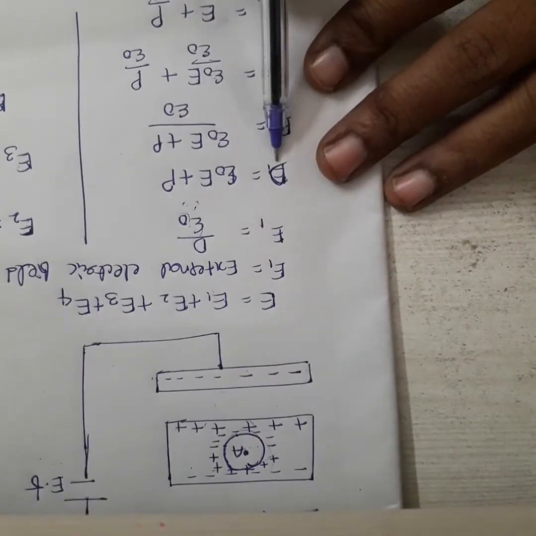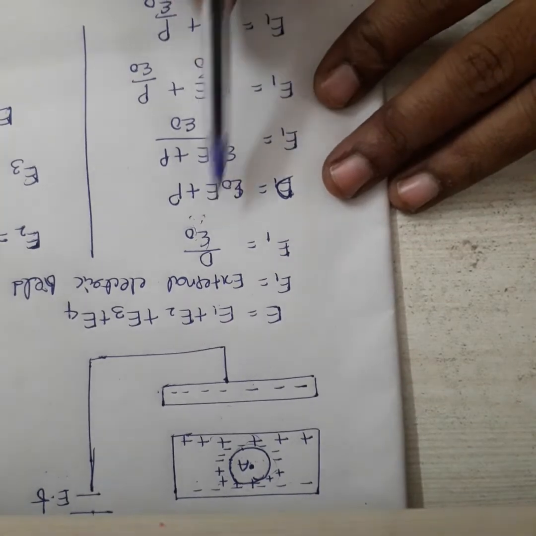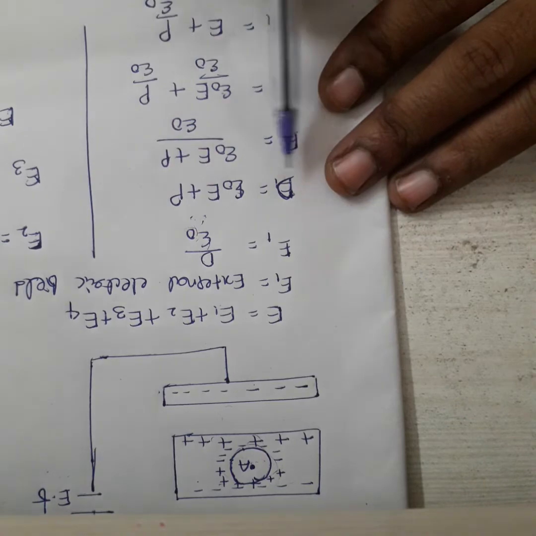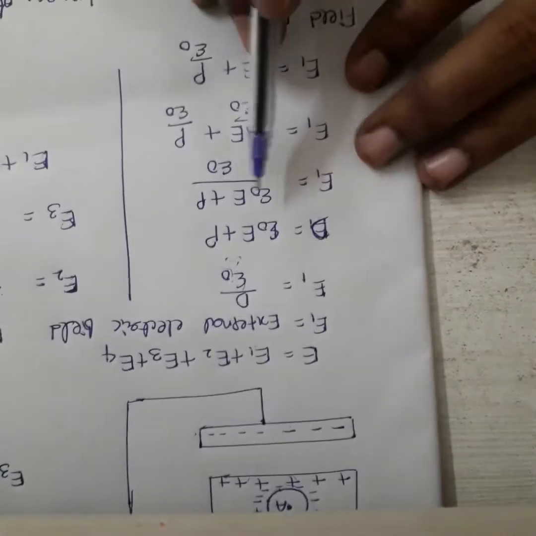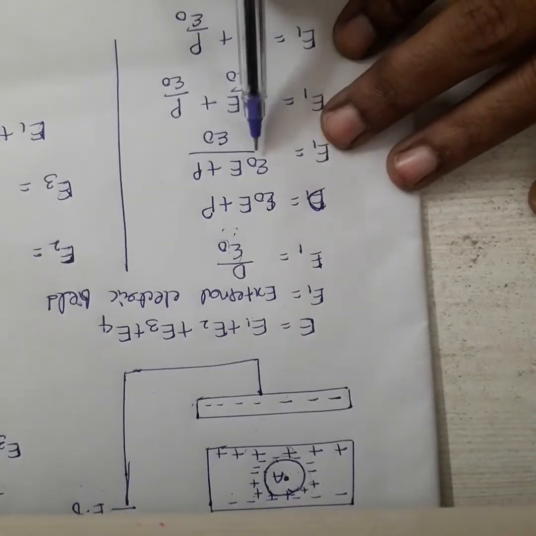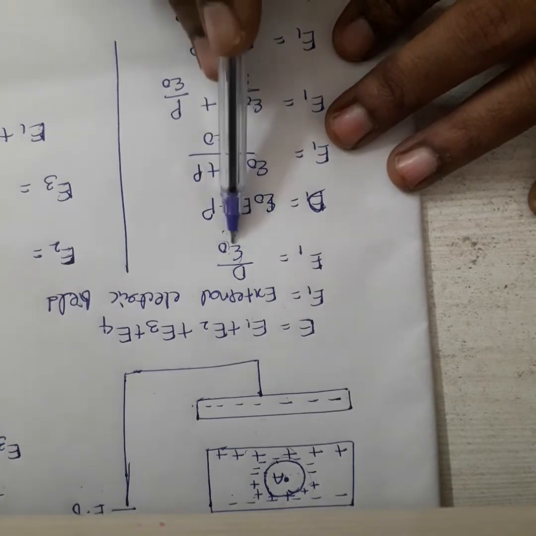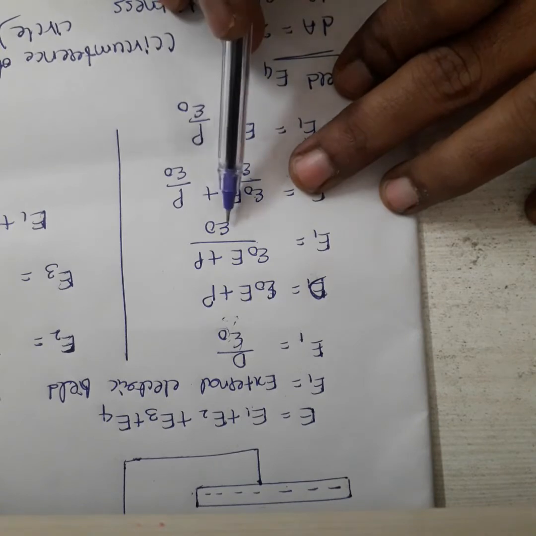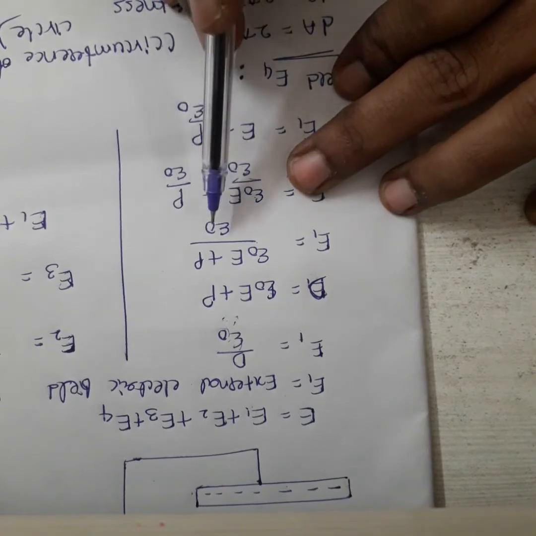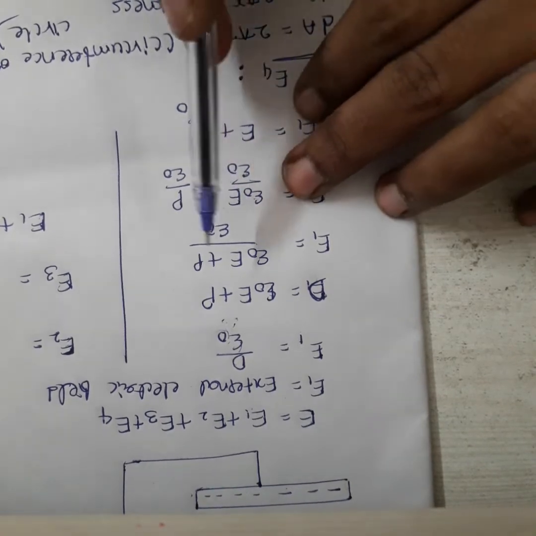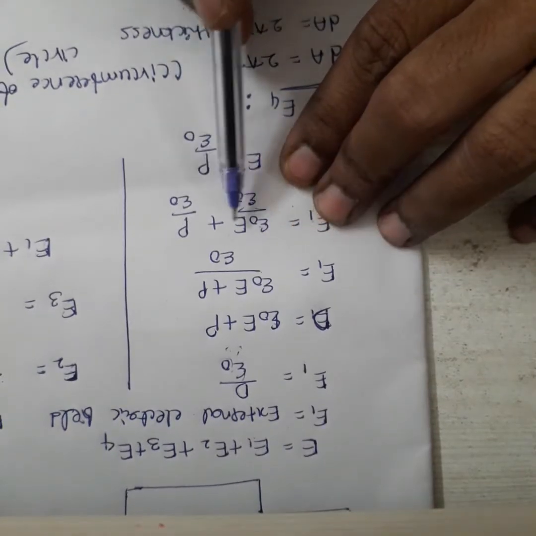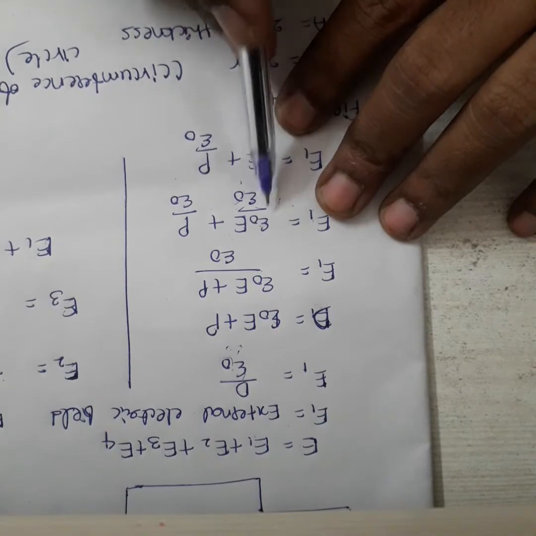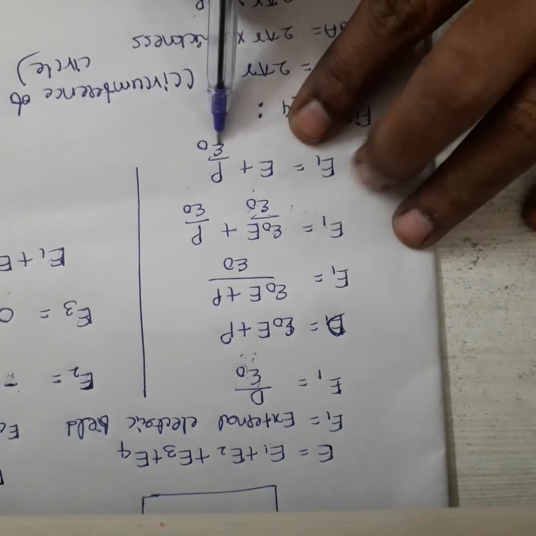And the D formula we already know: D is equal to epsilon naught E plus P. P means polarization vector, D means dipole moment. E1 can be written as epsilon naught E plus P by epsilon naught. If we divide the denominator to both sides, then we will get this formula: epsilon naught E by epsilon naught plus P by epsilon naught. Here epsilon naught will get cancelled: E plus P by epsilon naught.